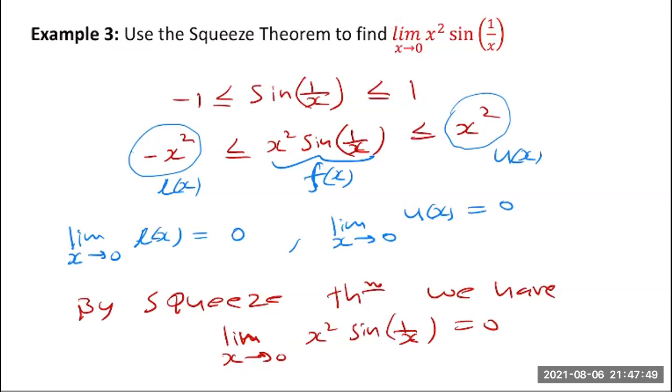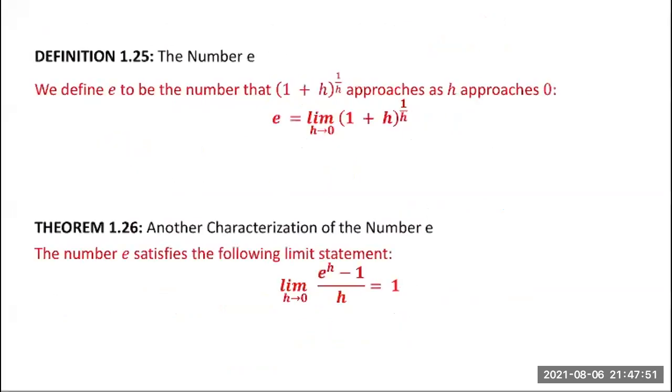All right, let's move on. Next, we have this definition. This is the way we define the number e. E is an extremely important number in mathematics. We define e to be the number that this particular expression approaches as h approaches 0.